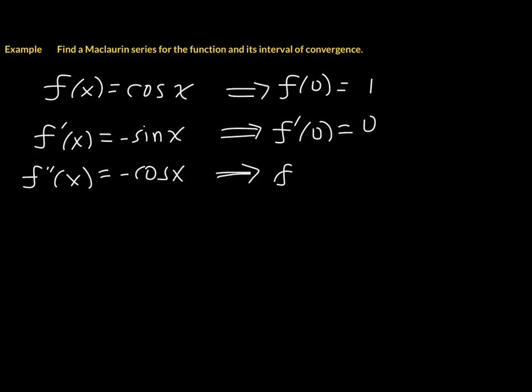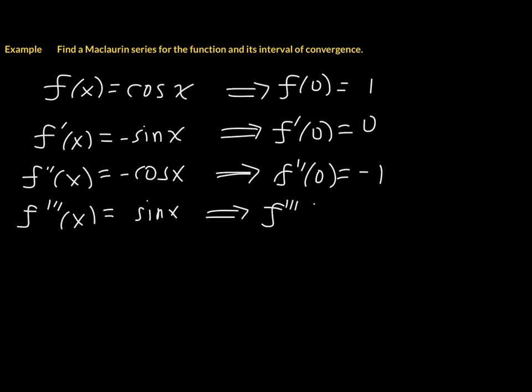That means f double prime at 0 is negative 1. Then we have f triple prime, which is equal to sine of x. That implies that f triple prime at 0 is equal to 0.